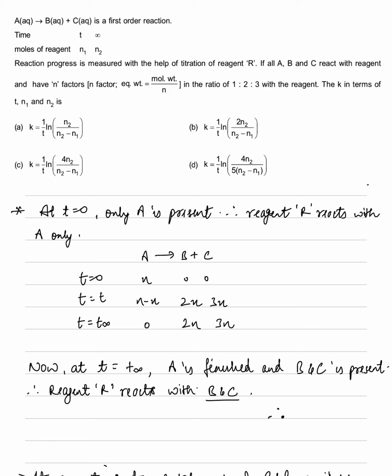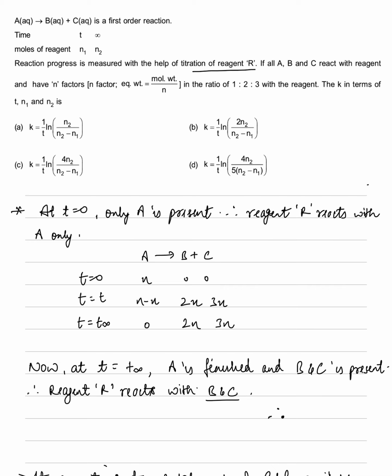As you can see in the question, at t equal to 0, the number of moles of reagent is N1. At t equal to infinity, the number of moles of reagent is N2. Now, what is happening in this question is that the reaction is progressing, and there is a reagent R used, and we are doing the titration of reactant A or the products B and C with the reagent R, right?